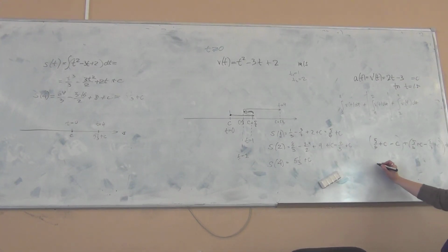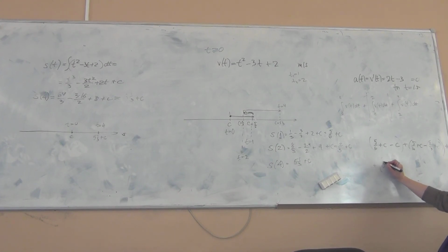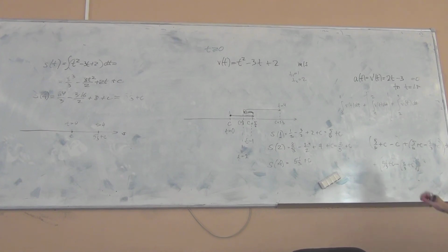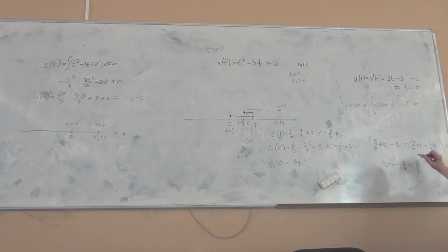And the third part will be 5 1/3 plus c minus, again, 2/3 plus c. Simply subtracting those coordinates, you can see that all the constants, all the c, will disappear. So these cancel out, these cancel out, these cancel out, and you simply calculate.